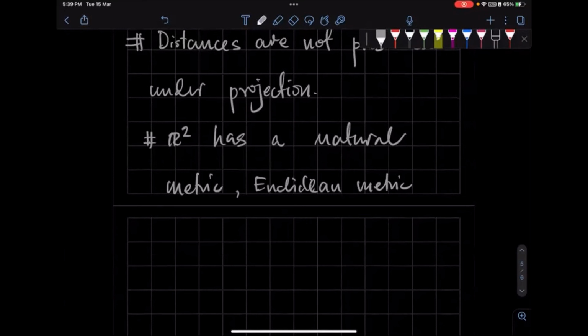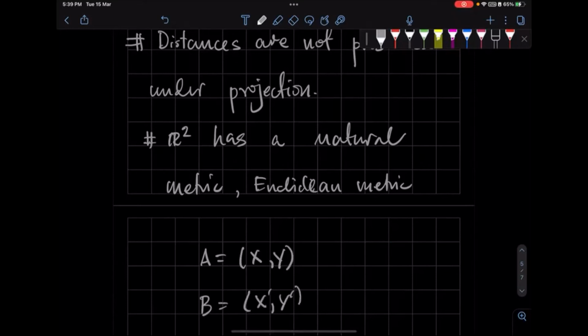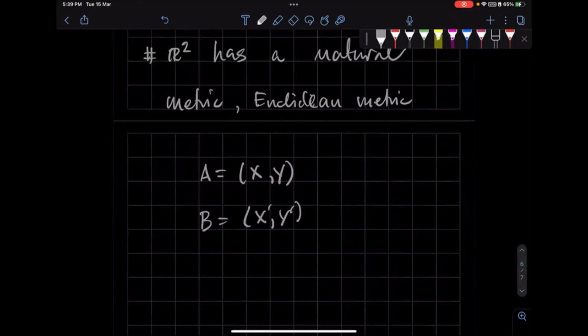That means that distances in R2, if A and B are points in R2, where A is (x, y) and B is (x', y'), then in R2 there is a natural notion of distance between these two points.